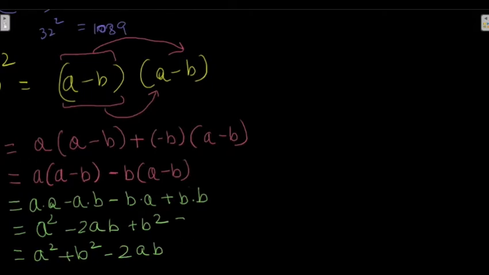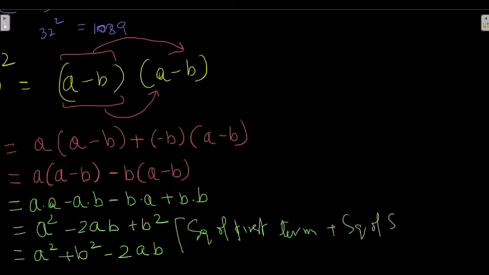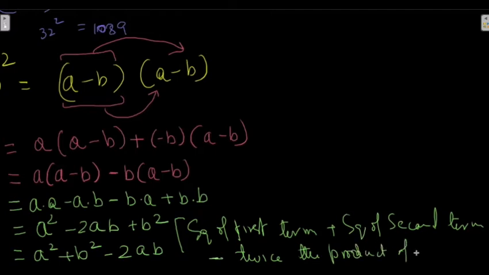We'll write it as square of first term plus square of second term minus twice the product of both terms.